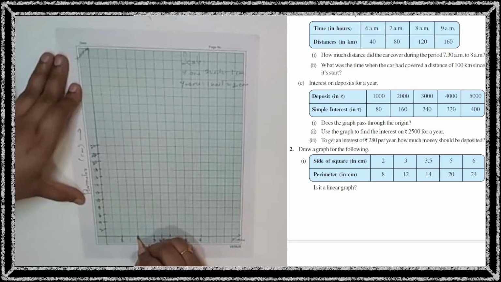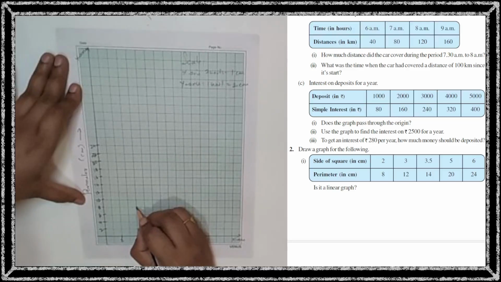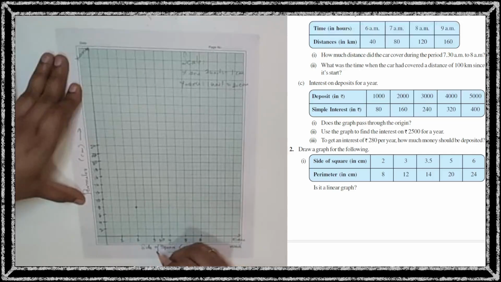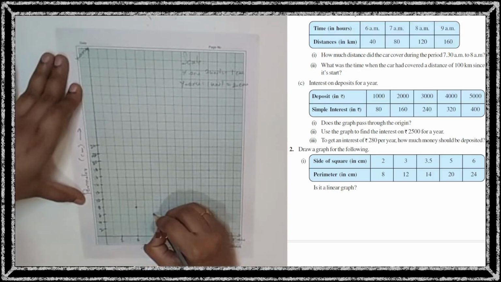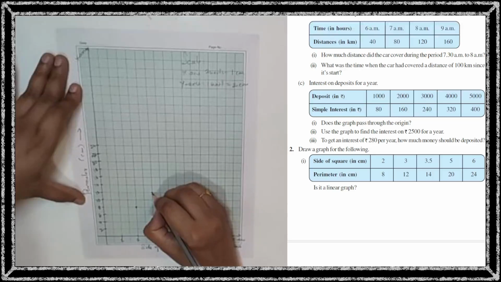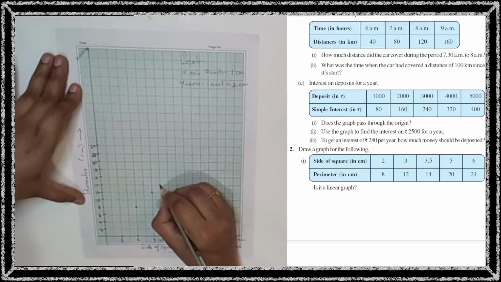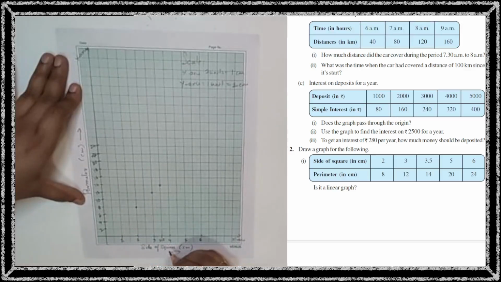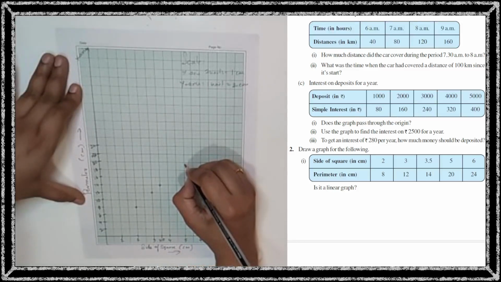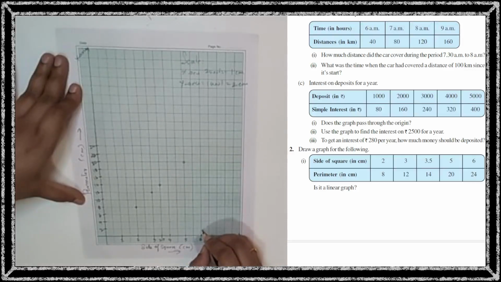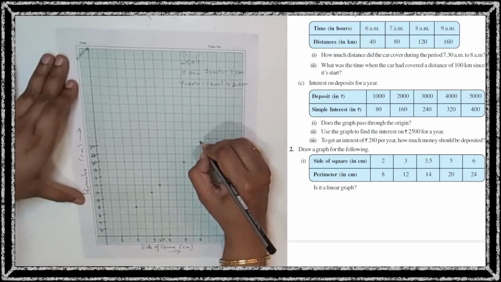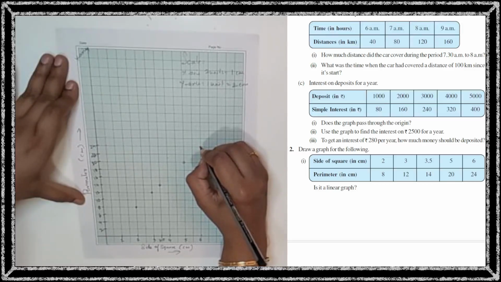Now let's plot the points. For 2, I have corresponding to 8, so this is my point, and 3 is corresponding to 12, this is my point. 3.5 is corresponding to 14, so this is my point, and then 5 is corresponding to 20, and then I have 6 corresponding to 24, so this is 6 and this is my 24, right?